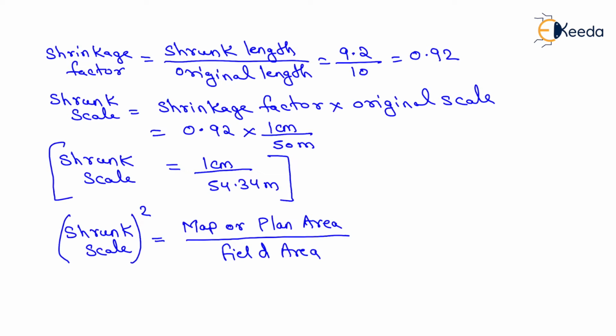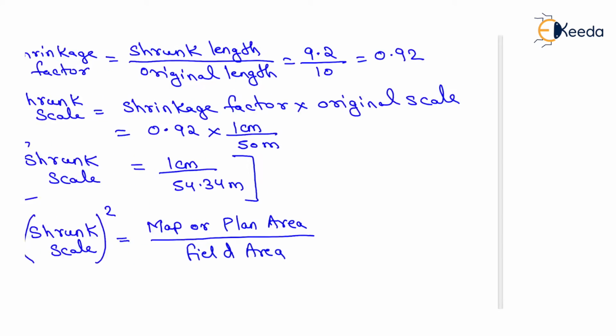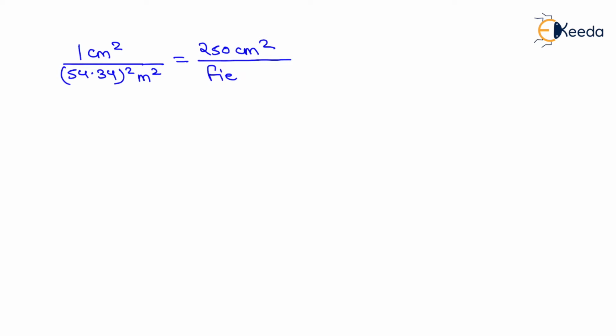On putting the value here, we get the shrunk scale value as 1 centimeter square upon 54.34 whole square meter square, is equal to the plan area, that is 250 centimeter square after shrinkage. So we will compute the field area from this.